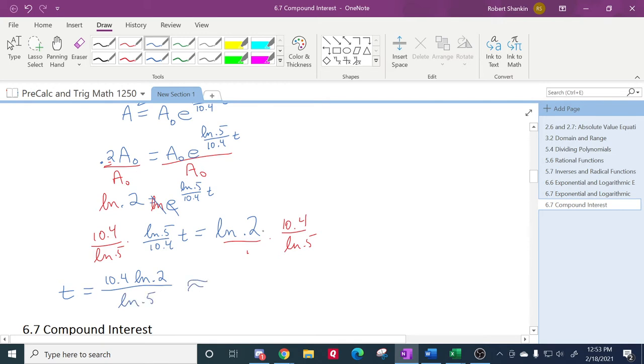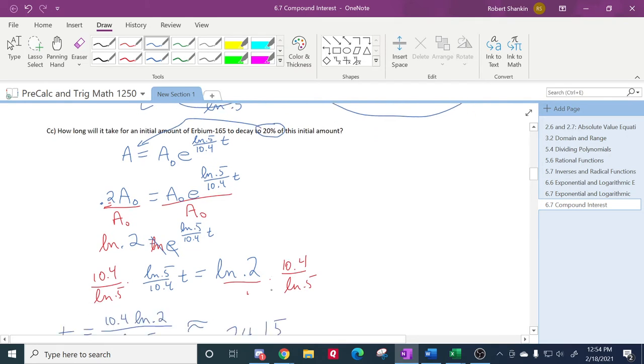And then I'm going to punch it into my calculator. And I get 24.15, and this was, how long will it take?